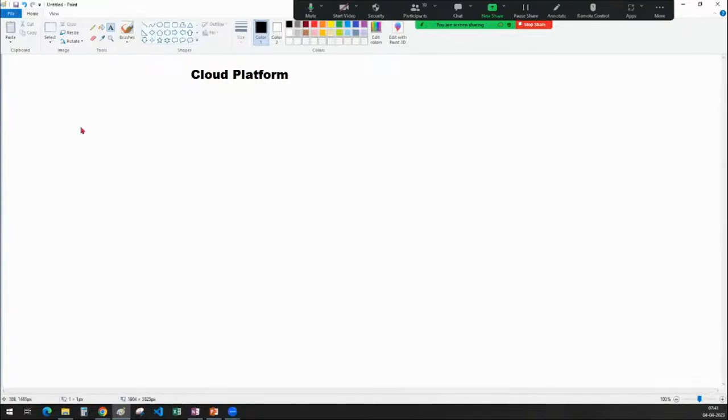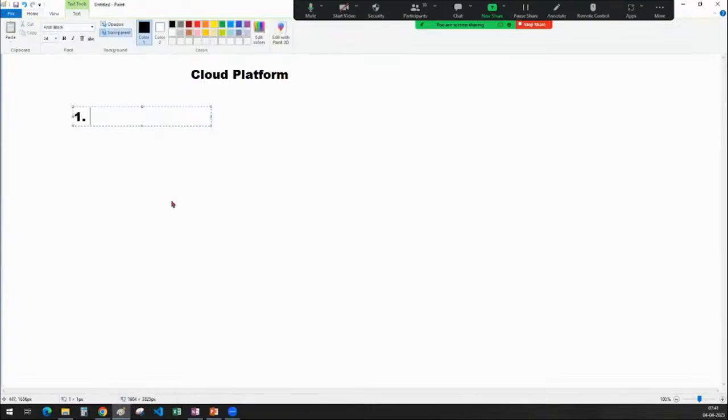One is virtual machine, VM based. Second one is managed instance, and third one is serverless.